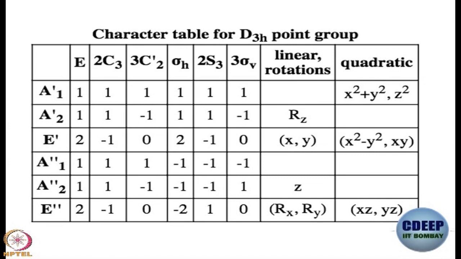Why? Because the reducible representation itself is a linear sum of the irreducible representations. Chi of R is a linear sum of the characters of that symmetry operation R in the different irreducible representations. If there is a doubt, this is the time to ask.